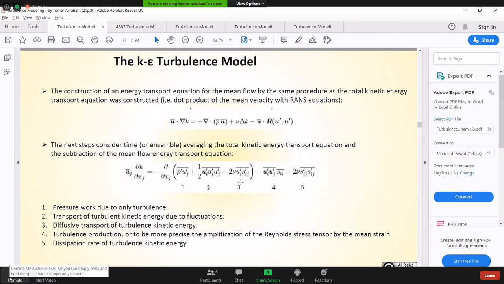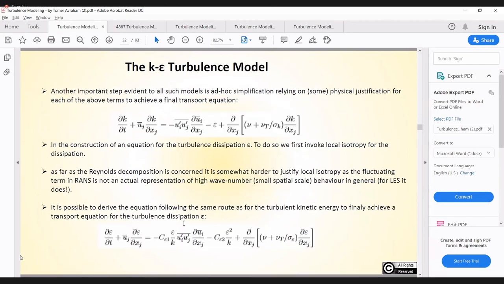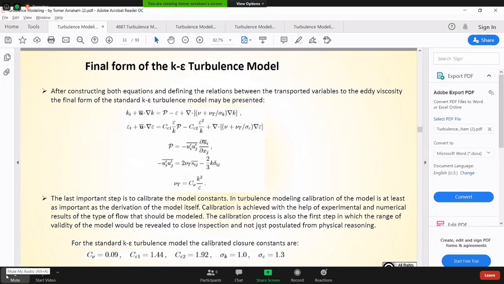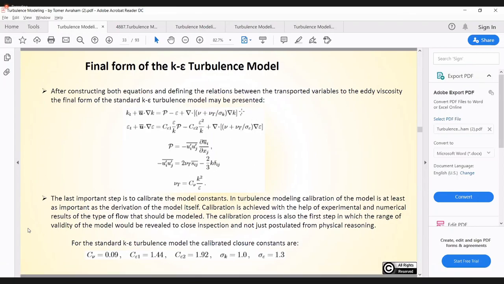Taking these things, naming them, the ad hoc assumption is that I understand the phenomenology of this triple correlation, and I can switch it with something which I can later solve as a transport equation. In the end, you can get the final form. Again, you see that's the gradient assumption. It's very well known.